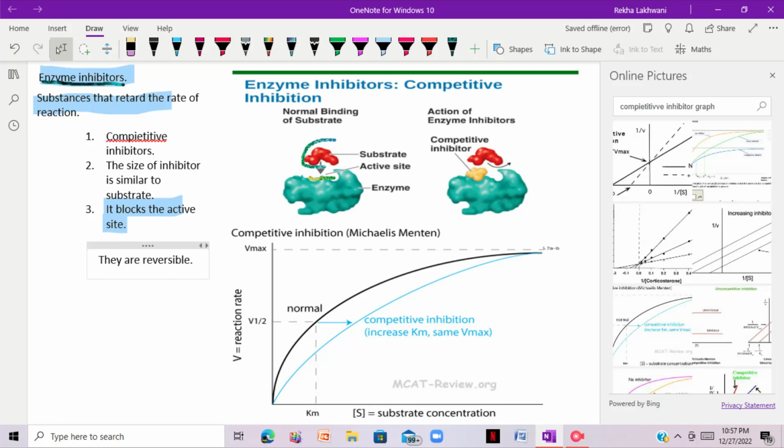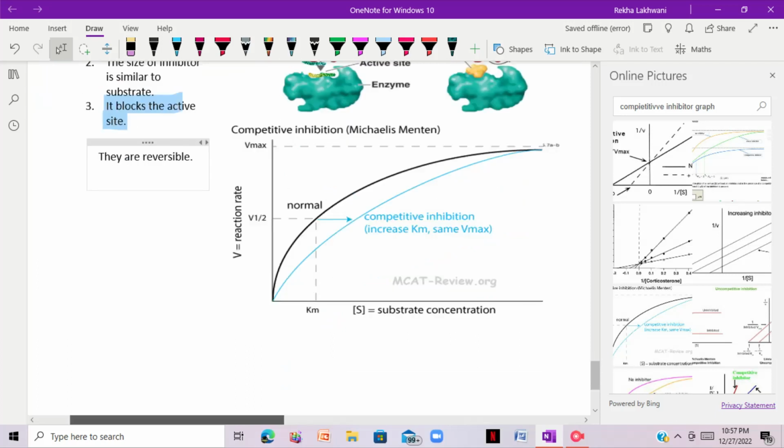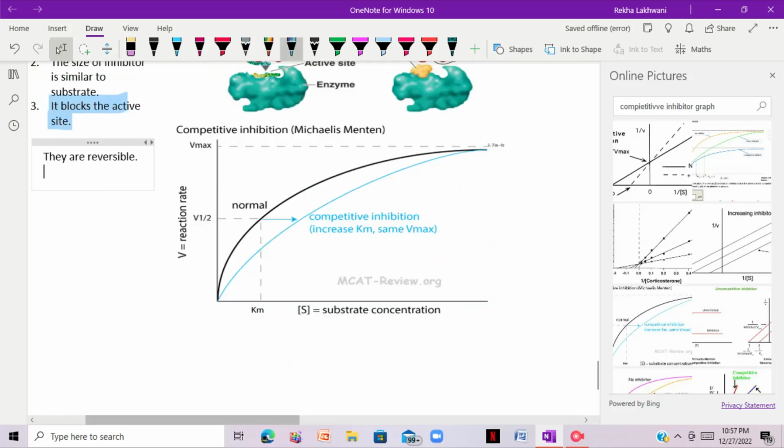So now let's talk about the graph, right? As you can see over here in the given graph, this is the graph when we were increasing the substrate concentration, which you have seen in my previous video about substrate concentration and the factors affecting enzymatic activity.